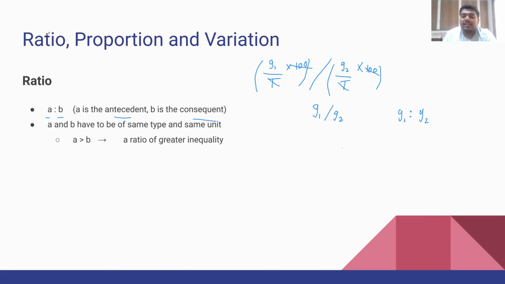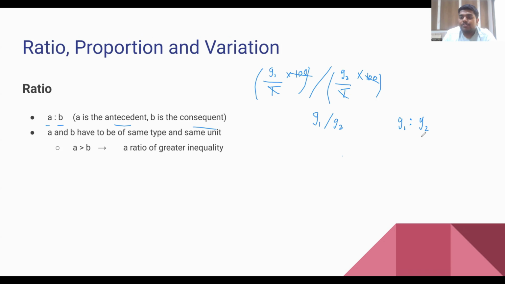Generally, integers or natural numbers are preferred. And same unit means both the values have to be in the same unit. For example, if G1 is in kilograms, then G2 also has to be in kilograms. And if G2 is in milligrams, we will have to convert it to make the ratio of the same unit.